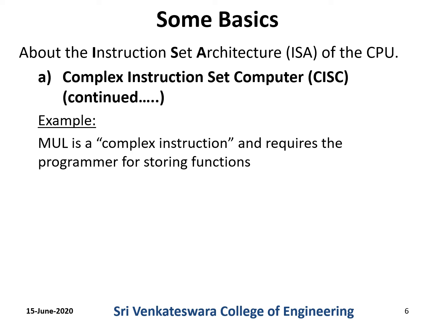The product will be computed and will be stored in a location according to the addressing mode. So the programmer has to take care of storing all these functions needed to execute a MUL instruction. Whereas in a RISC processor, the complexity is broken down into simple instructions, which we will see in the forthcoming slides.